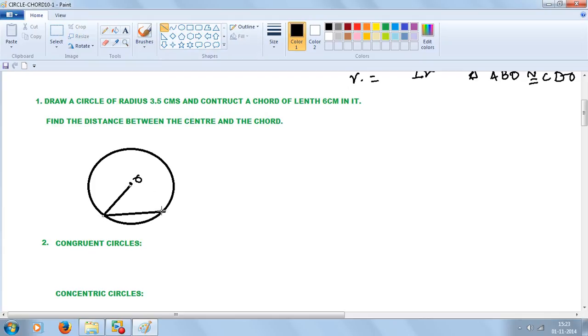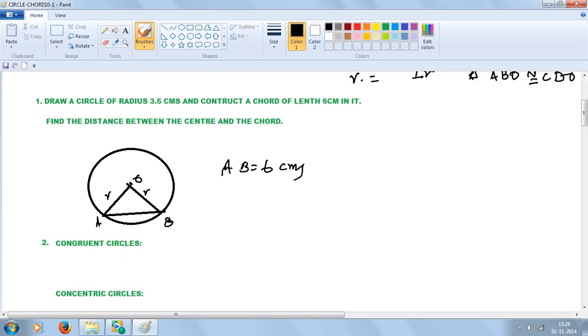Let us draw a simple diagram. So what's given? This radius is 3.5, this radius is 3.5. Let us take the chord as AB. AB is equal to 6 centimeters.